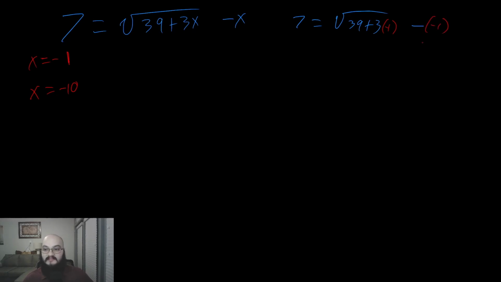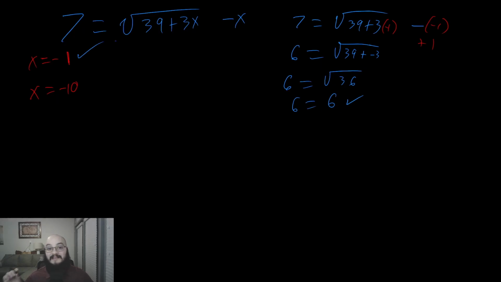Subtracting a -1 is the same thing as adding a +1, so let's go ahead and switch that out now. And subtract 1 from both sides, we'll get 6 is equal to the square root of 39 plus -3. So 6 is equal to the square root of 36. 6 is equal to 6. This checks out. -1 is a valid solution.